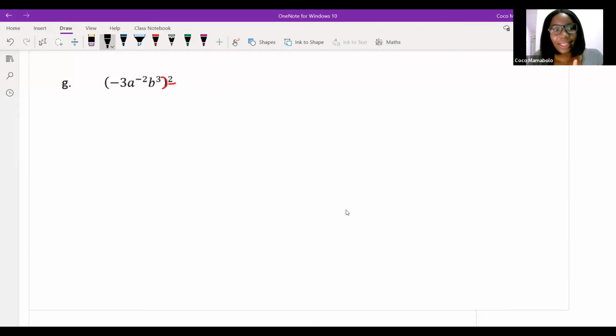Exactly, excellent. So what's the power of my negative 3 actually? It's 1, yes. Any number sitting by itself always has an exponent of 1. So we're going to distribute. Now remember, when I have negative 3 squared, something different is going to happen to my sign.